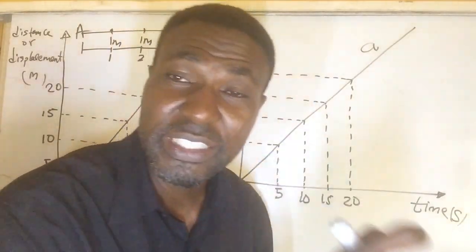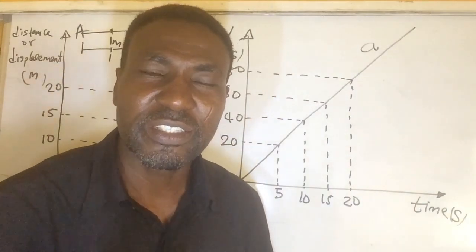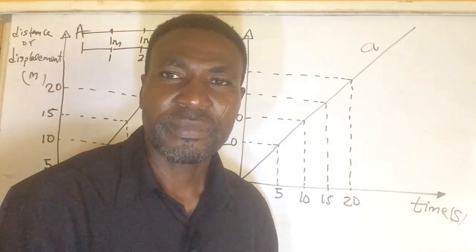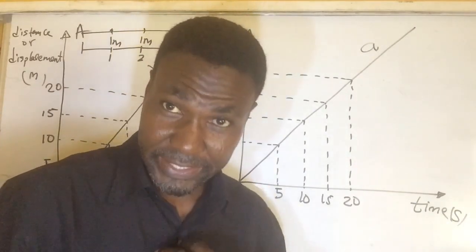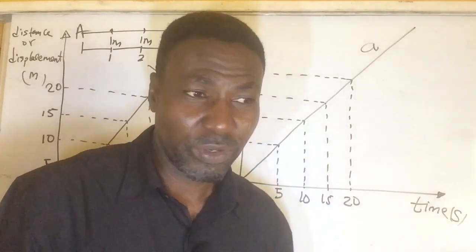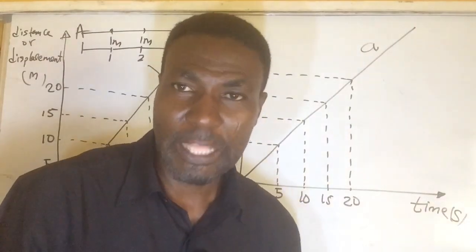Just remember velocity and time when you hear acceleration, because acceleration is equal to change in velocity over time. But when you hear about velocity itself, you remember distance or displacement and time, because velocity is equal to displacement over time, or distance over time.